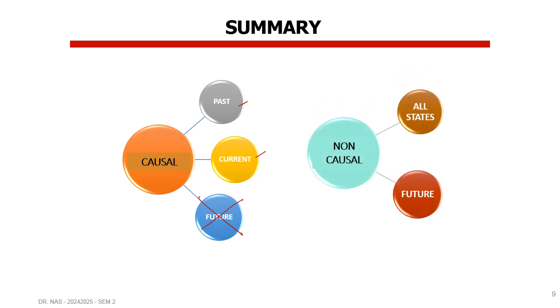For a non-causal system, when you have any future values, either past plus future or current plus future, the system is non-causal. And when it involves all states, since there are future values in the equation, automatically it is a non-causal system.